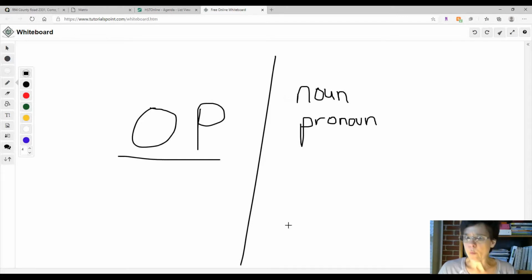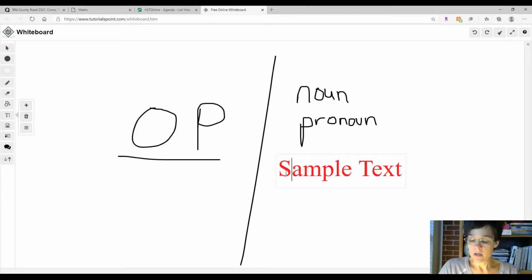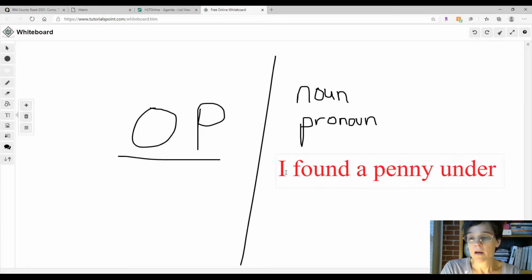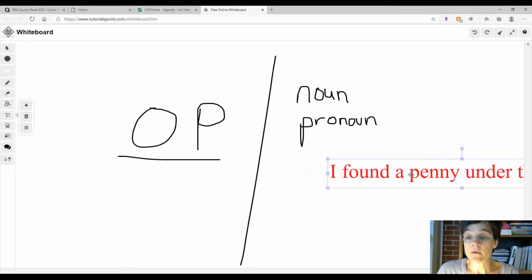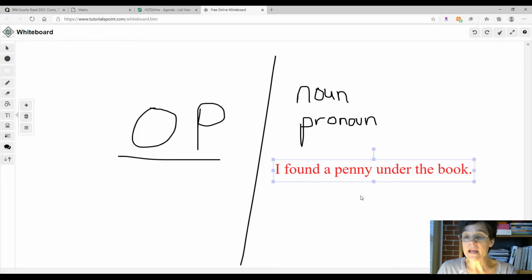Now, how in the world do you find it? Well, do you remember yesterday, what was that sentence that I used about the penny? I found a penny. Oh yeah, under the book. Okay, so let me type that sentence. I better make this smaller. Okay, a little smaller. Okay, I found a penny under the book. All right.